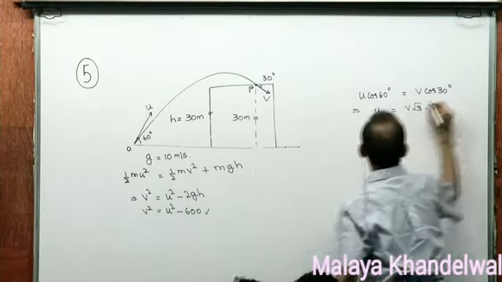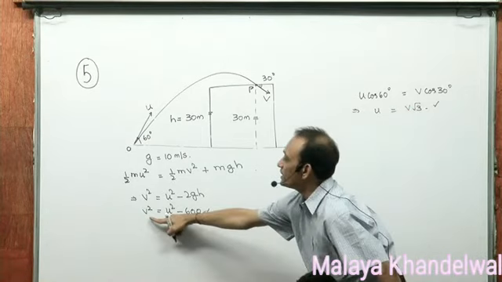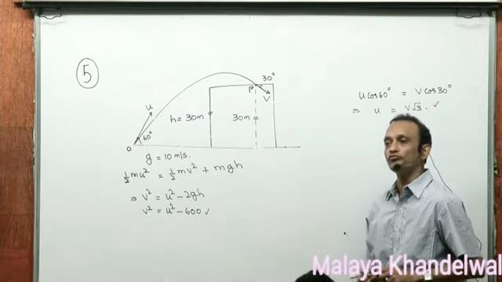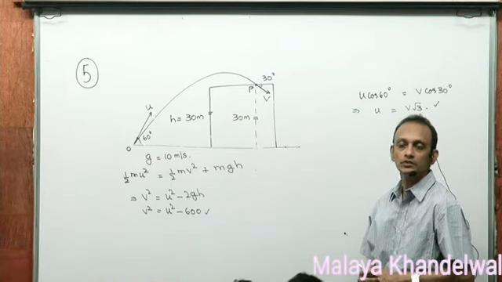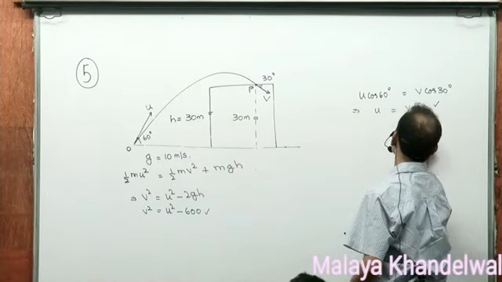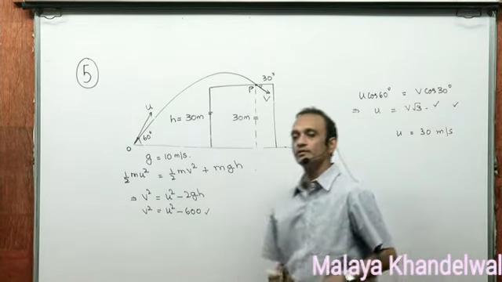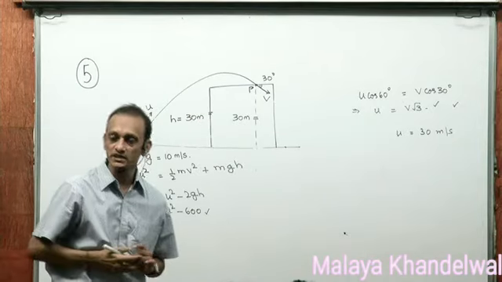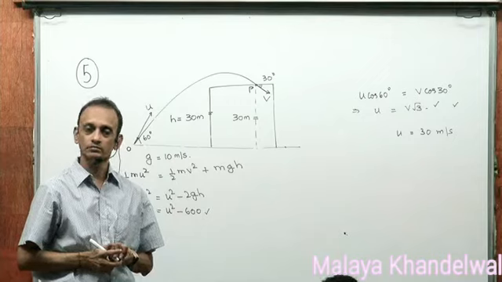Using these two equations, you can solve for v. You can write v as u by root 3 and solve for it. u is 30 meters per second when you solve for this. Did you get this? Stand by.